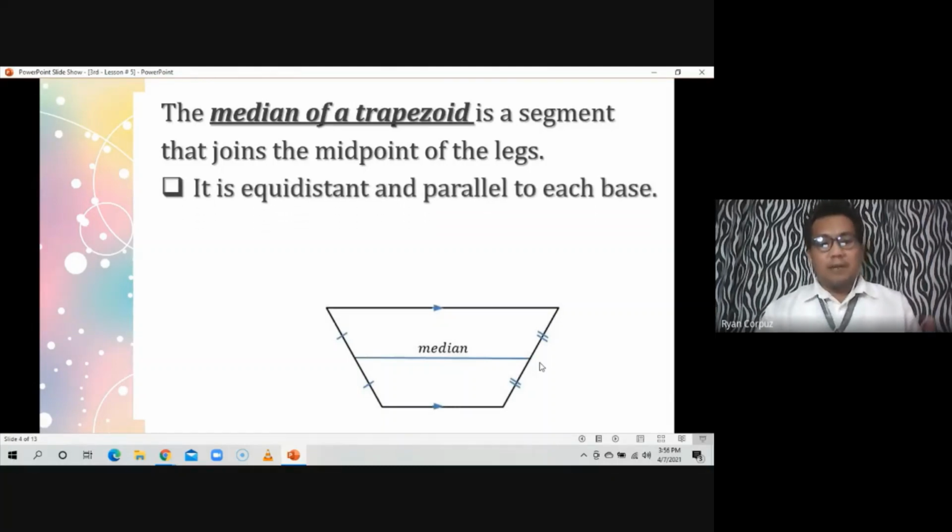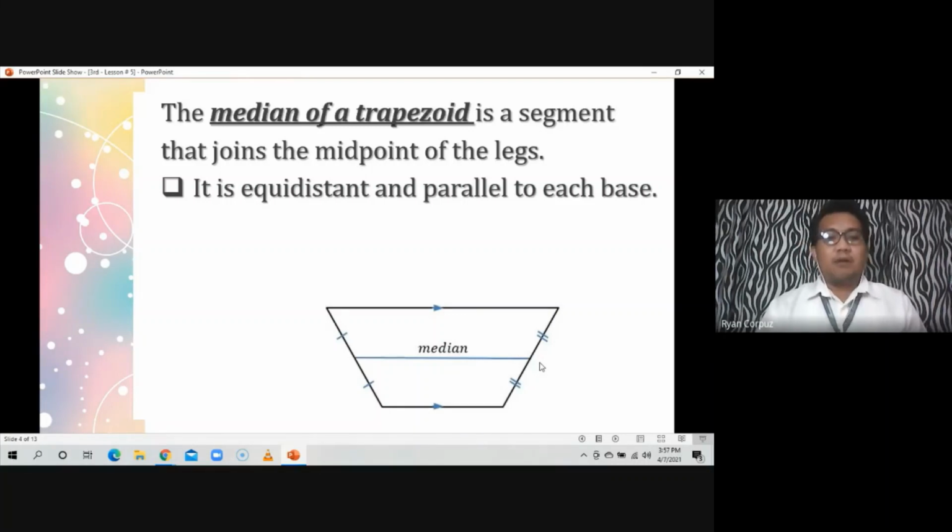So what are the things that we need to know about the median of a trapezoid? The median of a trapezoid is equidistant and parallel to each base.